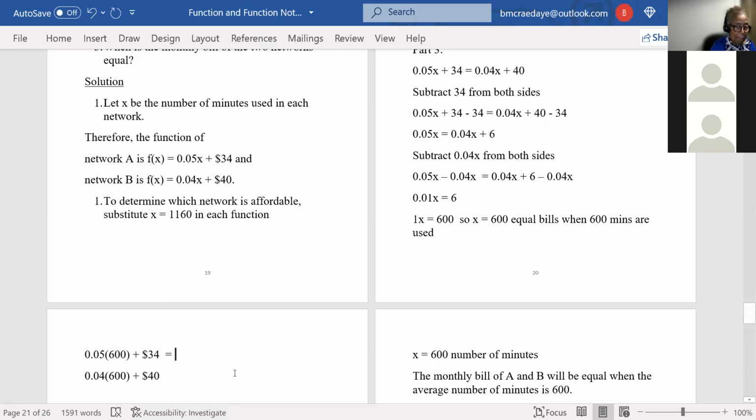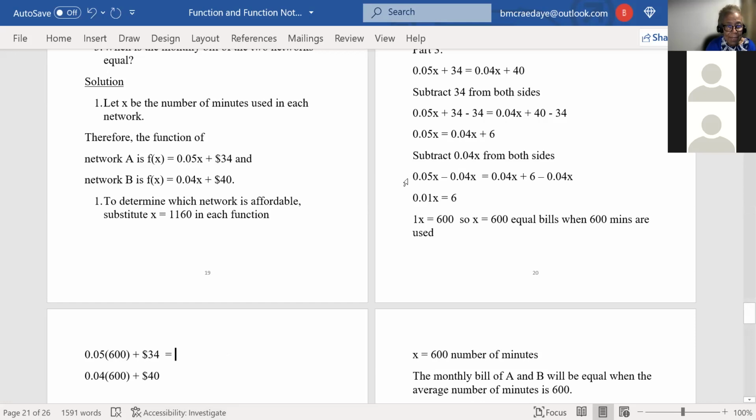I'm sorry, Ms. Barbara, where are we getting 600 from? Oh, we got 600 over here, Chastity. I said, if we set these two network functions equal, we can solve for how many minutes are used when the bills are equal.